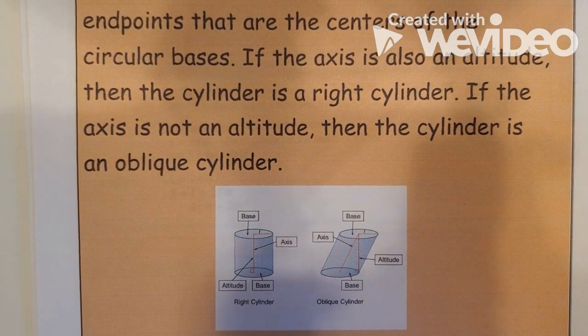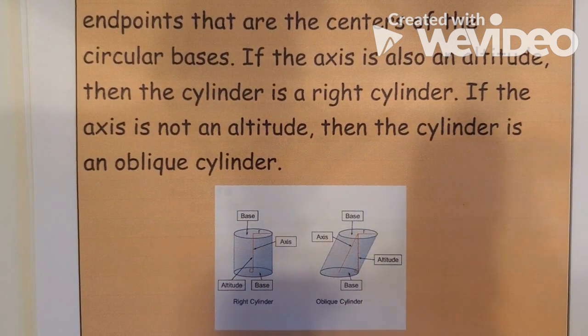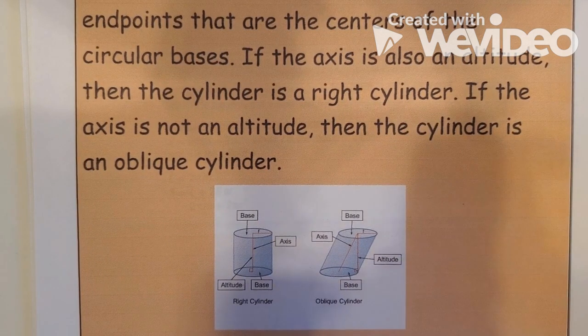If the axis is not an altitude, then the cylinder is an oblique cylinder. Real talk, I don't think we see that vocabulary too much, but the point is your height, as always, or your altitude, still has to be perpendicular to the base, all right? If it's not, you're probably going to have to do a little bit of extra work to get there.